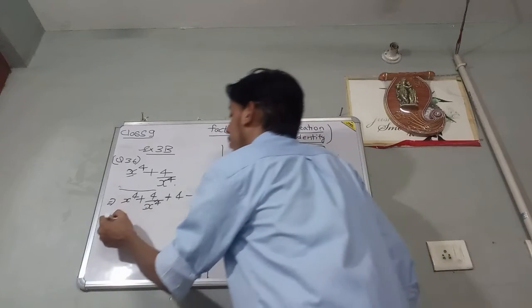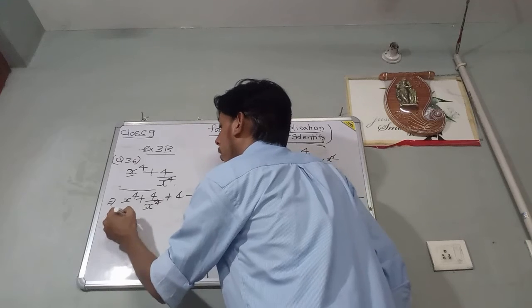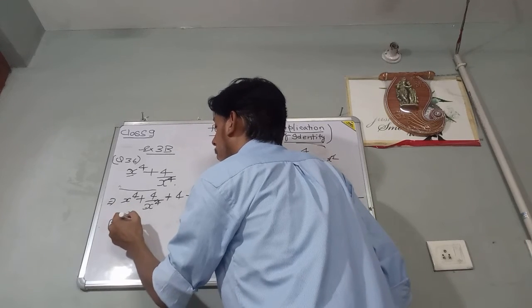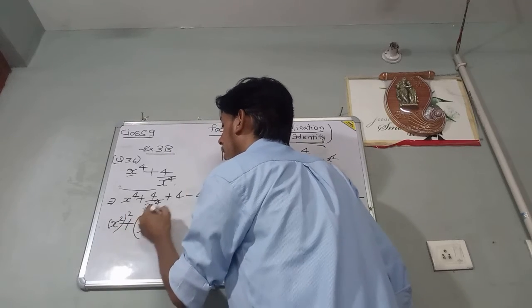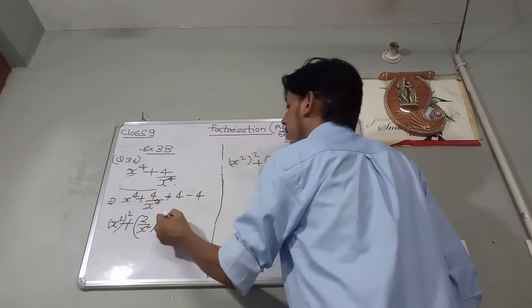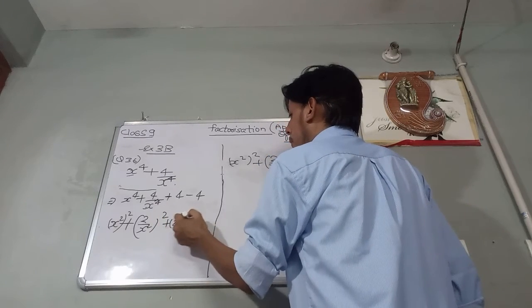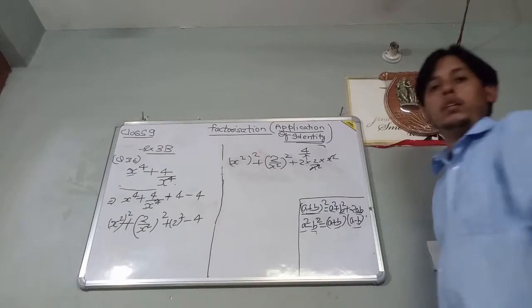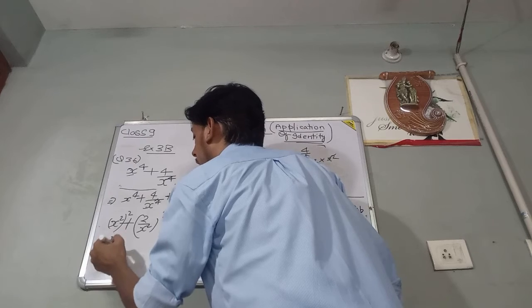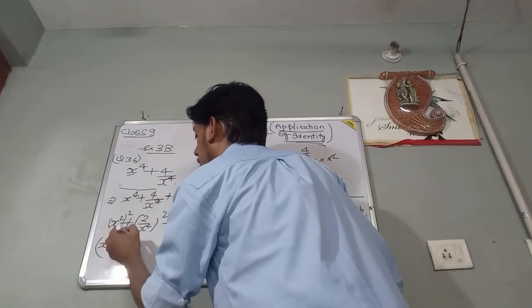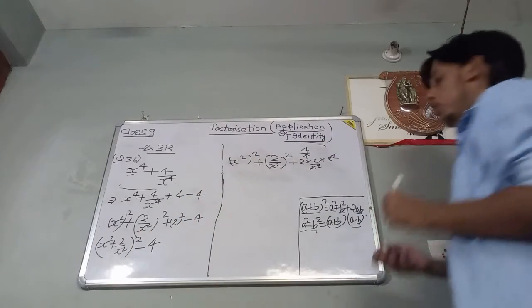So it will become (x square) whole square plus (2 by x square) whole square plus 2 whole square minus 4. So it will become (x square plus 2 by x square) whole square minus 4. Okay.